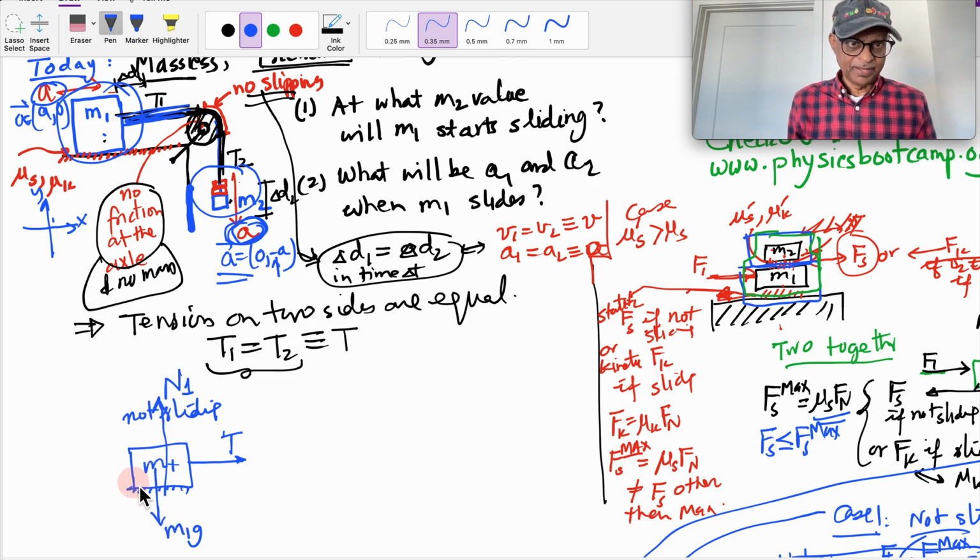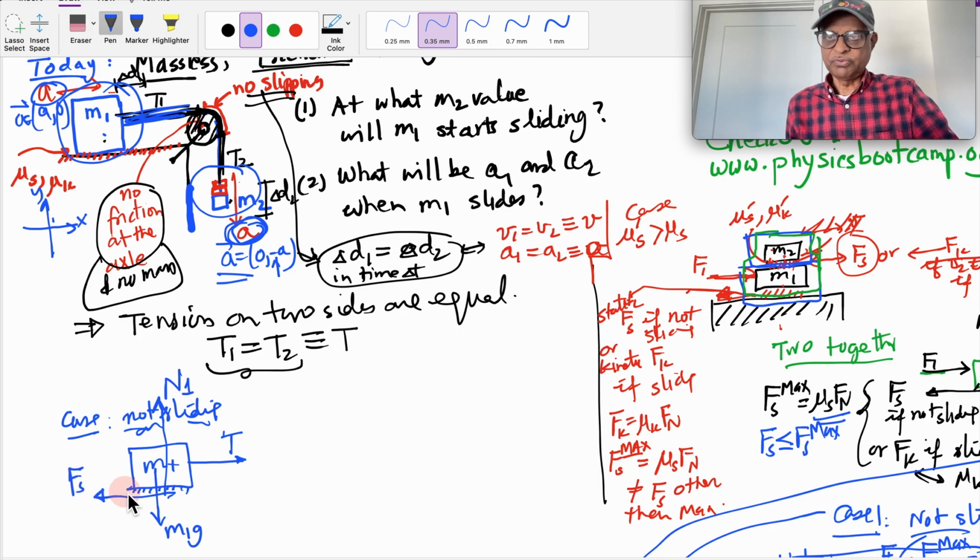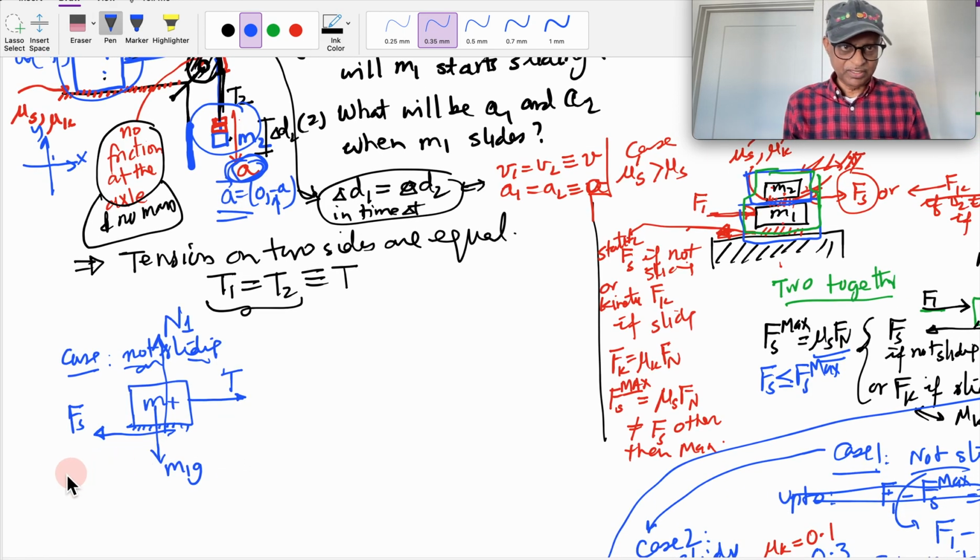If this case is not sliding, then there has to be static friction. So Fs, I don't know if it's maximum Fs.